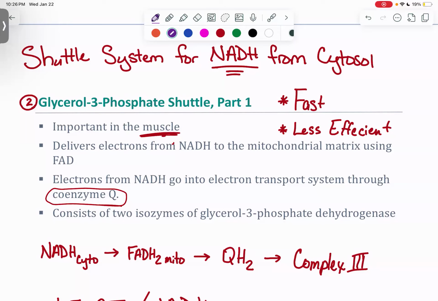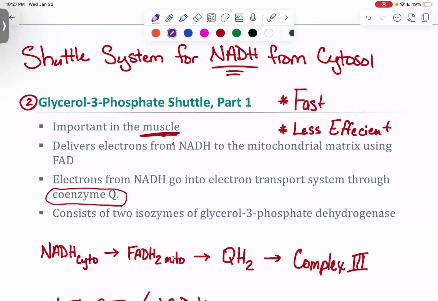So the process of shuttling NADH from the cytosol into the mitochondria for muscle tissue has to happen in a much, much, much quicker way. But if you want it to go fast, it's therefore going to be less efficient.